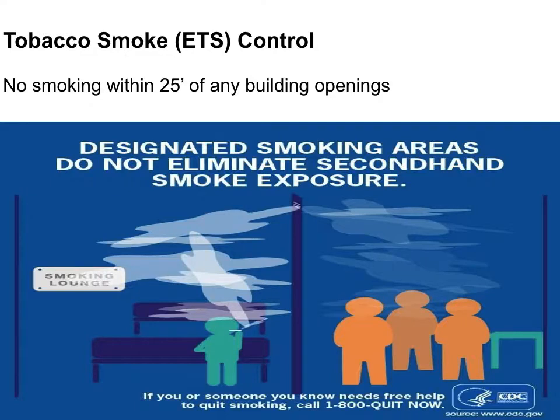So not only moving designated smoking away from entrances and openings to the building, but we also want to protect people from secondhand smoke. There's no use in locating a designated smoking section right next to an air intake that's supposed to pull air into your whole building.